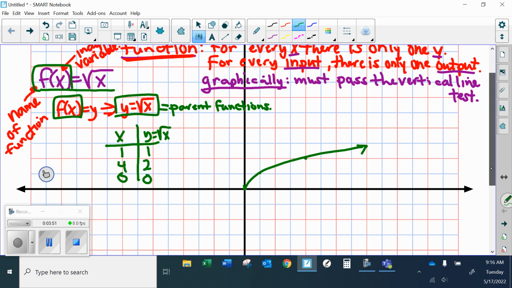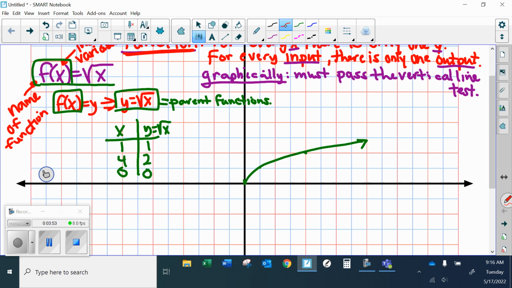So for example, if I go ahead and do f of x equals negative square root of x, this negative reflects this original over the x-axis.